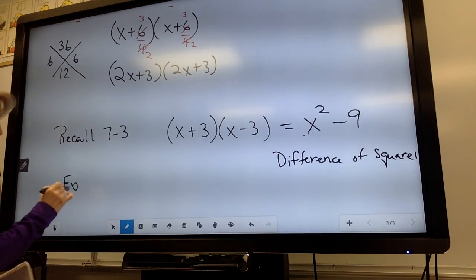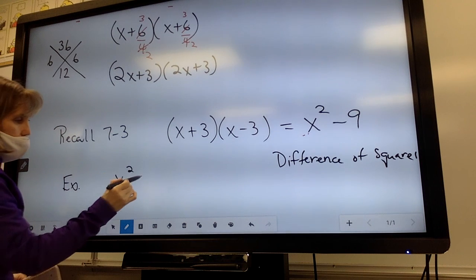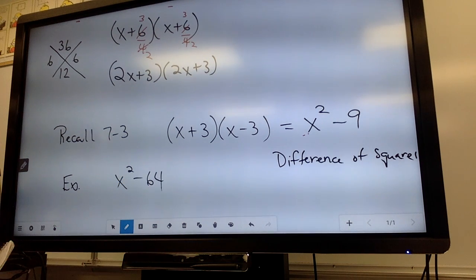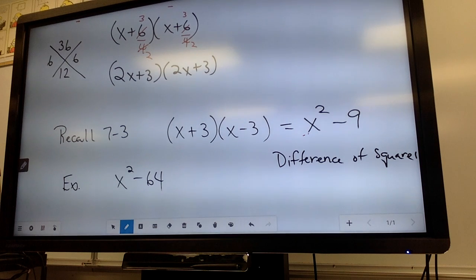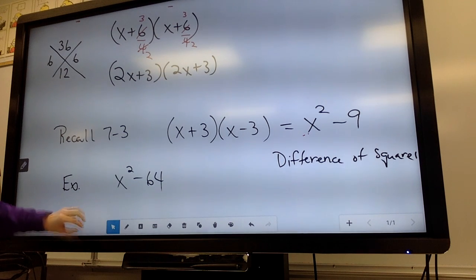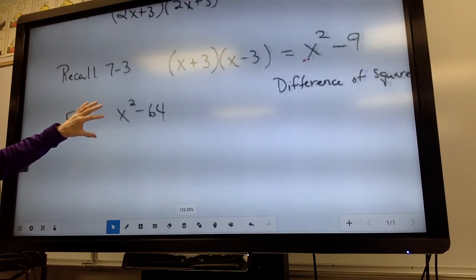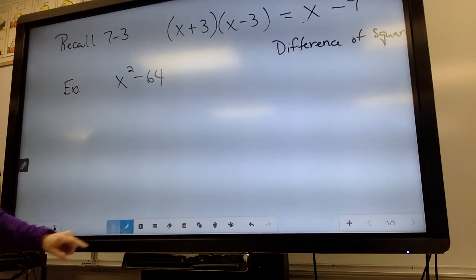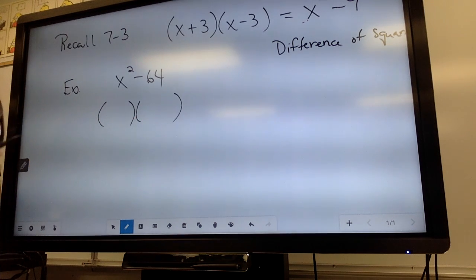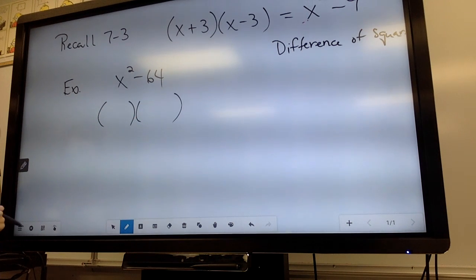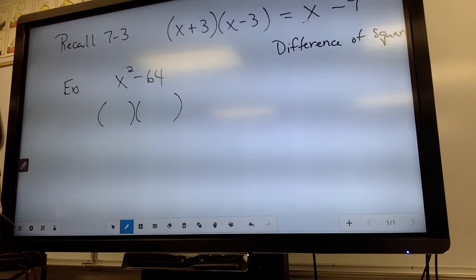So you might have x squared minus 64. It's a binomial. It's going to factor into two binomials. Anybody want to guess as to what those are?